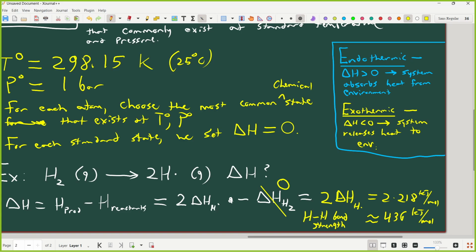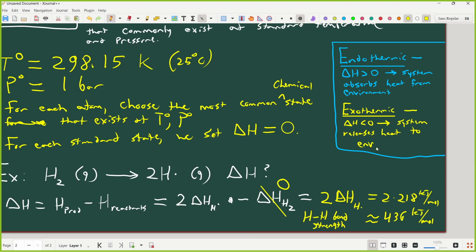But if you're in a condensed gas here on Earth, at a bar of pressure, H atoms aren't very stable. They'll more than likely hit each other, form H2, and release energy in the form of this 436 kilojoules per mole. So this number gives us something about stability.